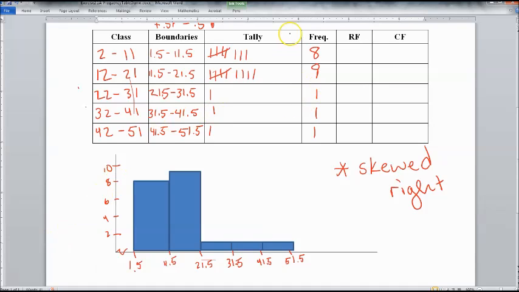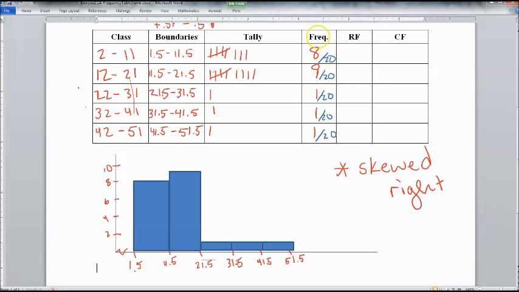So how we're calculating each one of these is we have a total of 20 frequencies. So I have to calculate the relative frequency by taking 8 divided by 20, 9 divided by 20, 1 divided by 20, and so on and so forth. So I take each one of these, and remember this process because we're going to use this then to measure our scales in just a little bit.